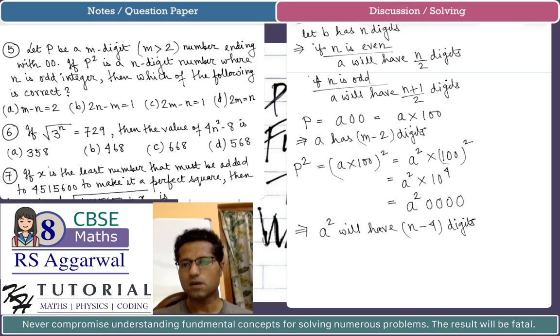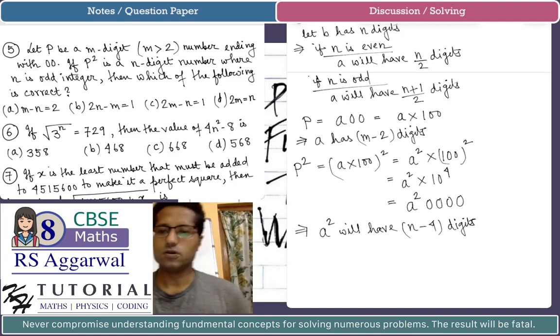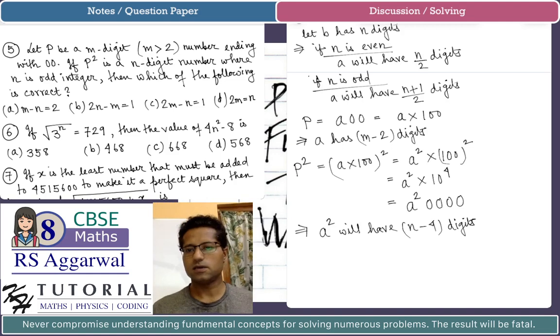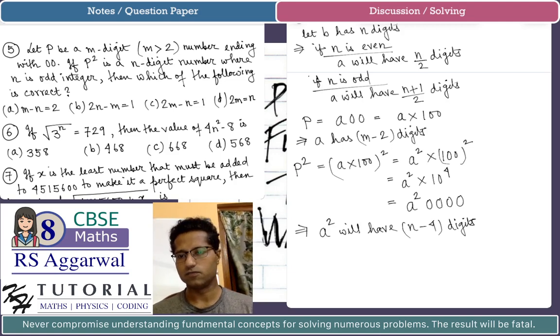So P square ends with 4 zeros, and before the 4 zeros, whatever the number is, we are considering it as A square. Now it is given that the number P square is having n digits, so definitely this A square will have n minus 4 digits, because we have to subtract the 4 zeros.